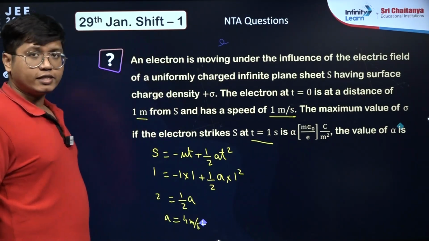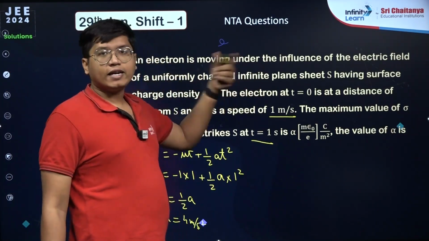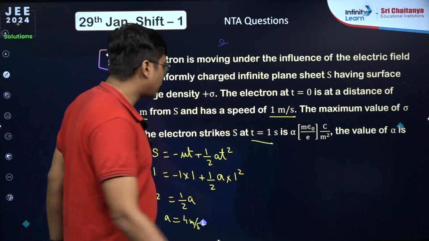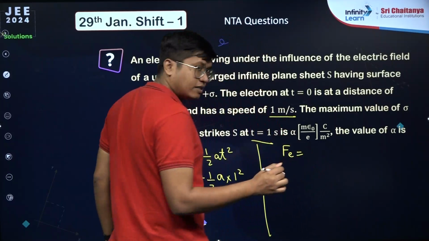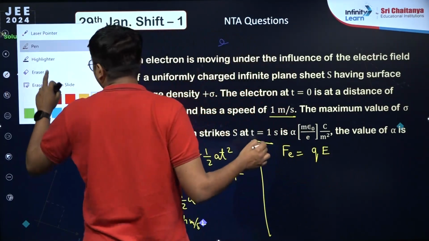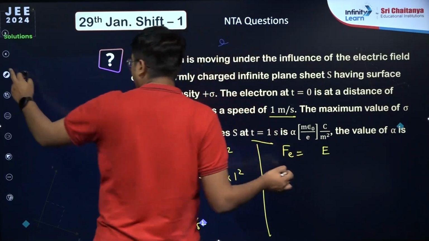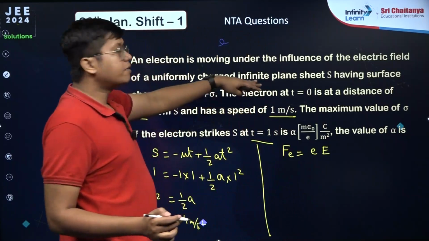Now where does this acceleration come from? The acceleration comes from the electric field acting with the charge. So the electrostatic force. We know the electrostatic force Fe is equal to Q into E, or rather since we are dealing with an electron, we can just call it E into E, charge of an electron into this. It's an infinite plane sheet.